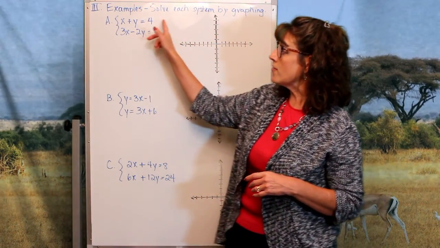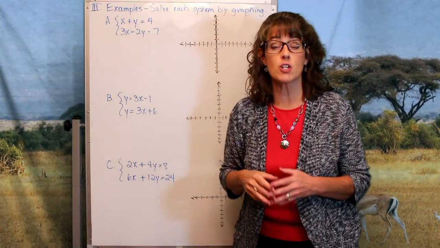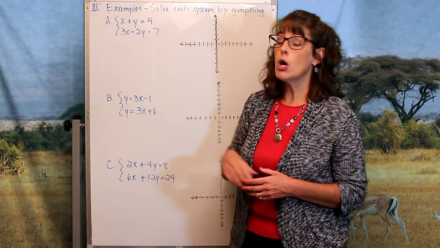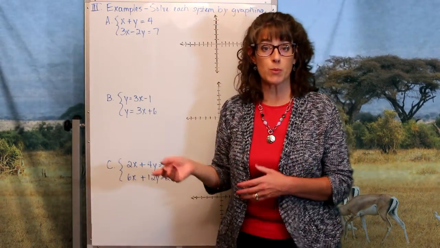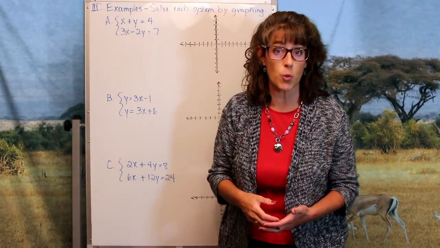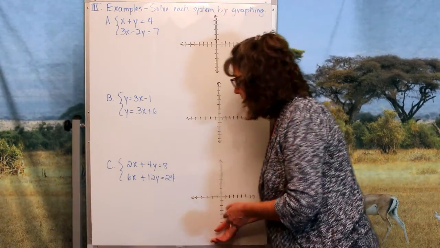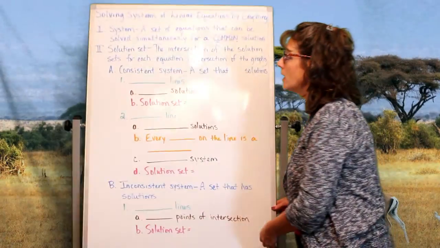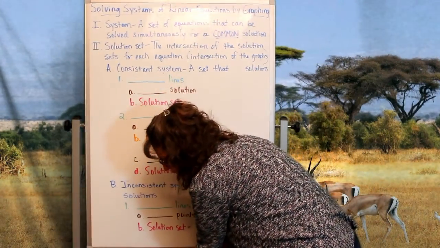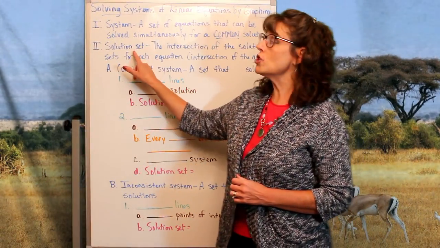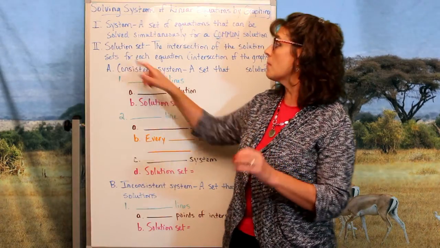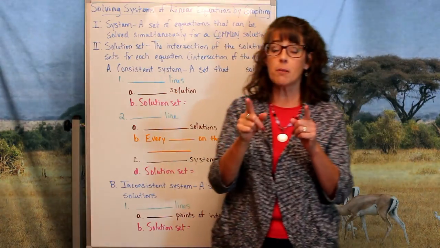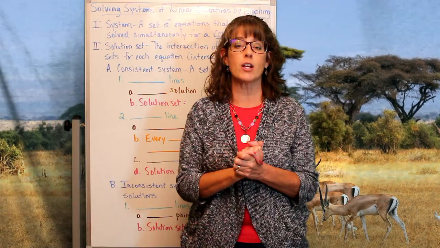So when I graph this line, that's a picture representation of all the solutions for that equation. When I graph this line, that's a picture representation of all the solutions for that equation. That is important in understanding the second point here, that when I am looking for the solution set to the system, let's think about this before you take a look at what's written.